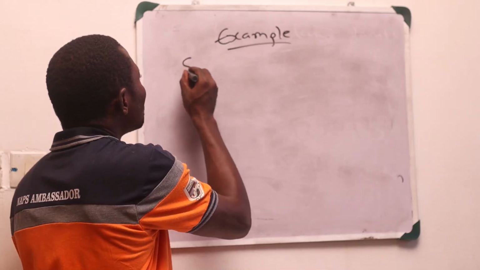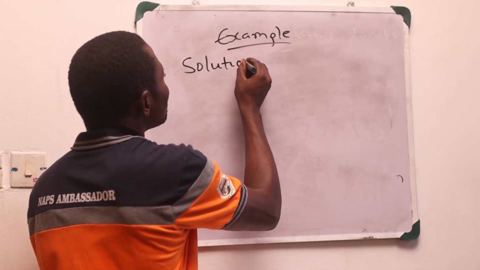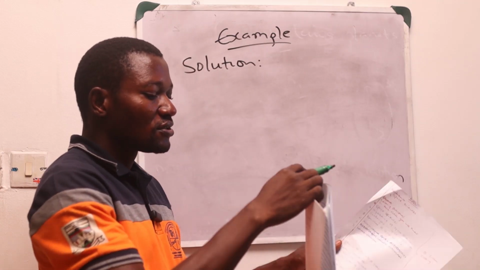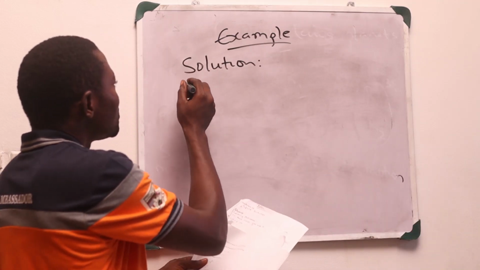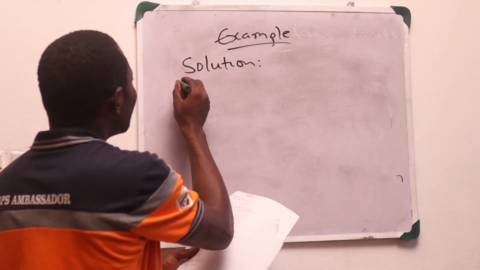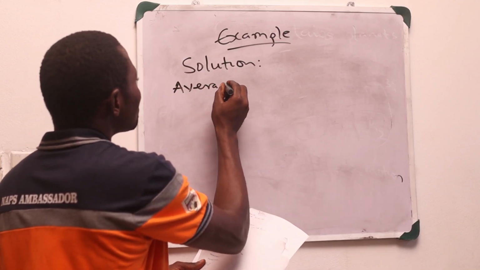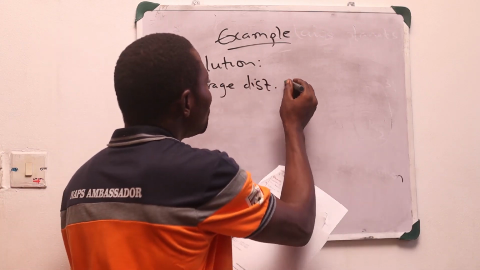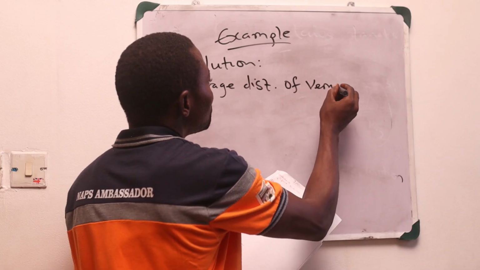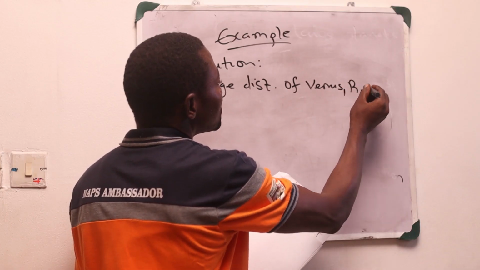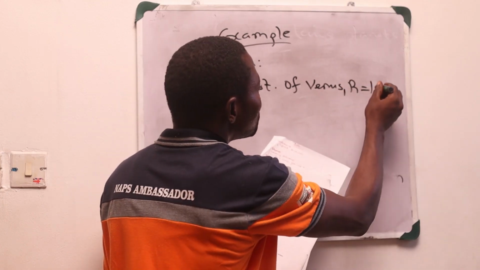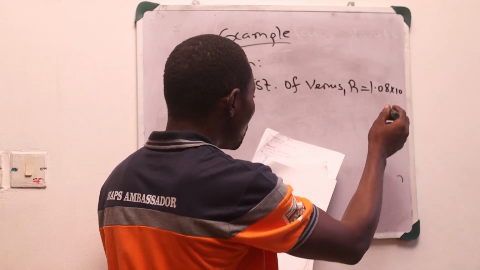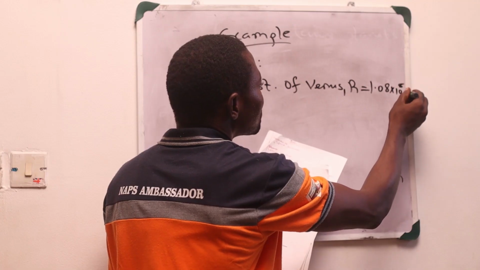How do we go about this? To solve this, we need to get the average distance of Venus, let's say it's R1, and it's given by 1.08 times 10 raised to power 8 kilometers.